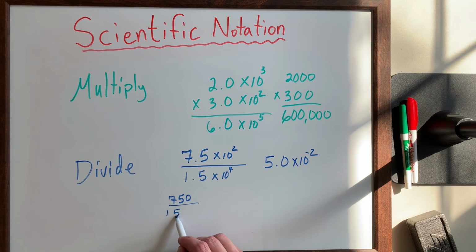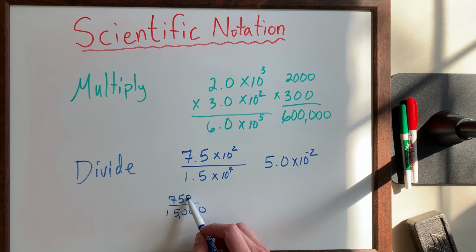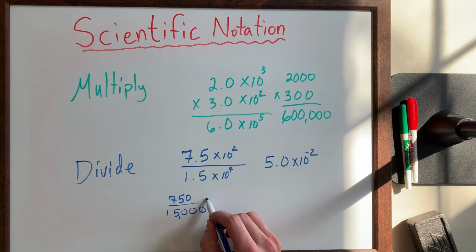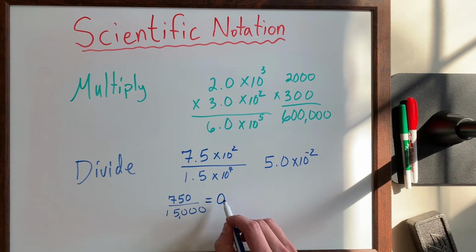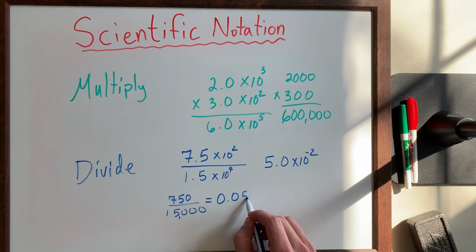Well, if I have the decimal here, and I go 1, 2, 3, 4, that's correct. Okay. That means that I'm going to have 750 divided by 15,000. If I put that into a calculator, I get 0.05.